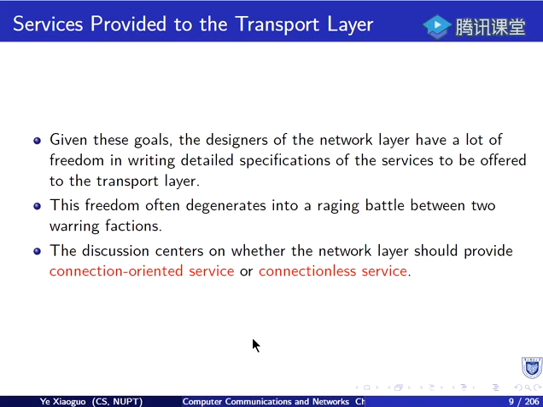This freedom often degenerates into a raging battle between two warring factions. The discussion centers on whether the network layer should provide connection-oriented service or connectionless service. So there are discussions between the two camps.